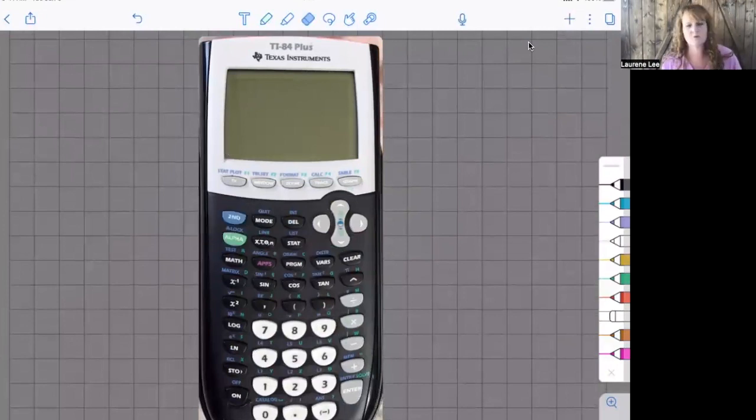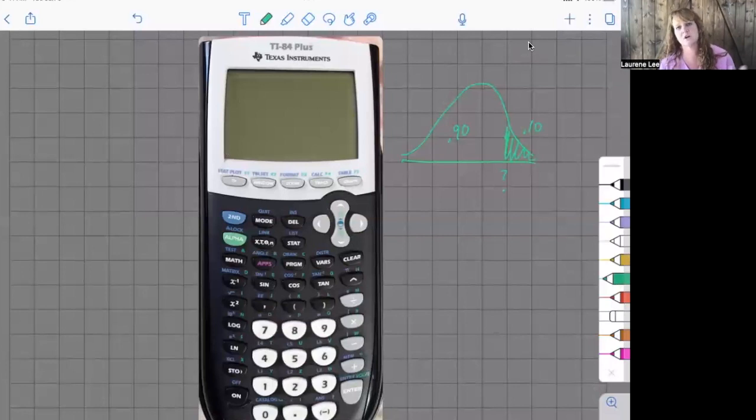So remember when we did inverse norm on the TI, we said, hey, here's your normal distribution. And when I gave you a problem, like say the top 10%, and you wanted to find this value right here, we said, hey, the calculator always measures from the left. So instead of entering 0.10, you have to enter 0.9 because it's measuring from that left-hand side always. The same is true on the TI for a binomial distribution.